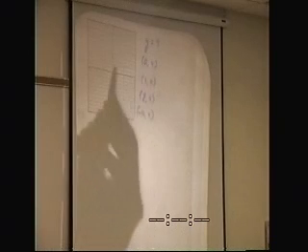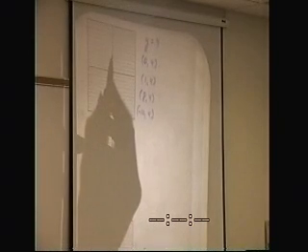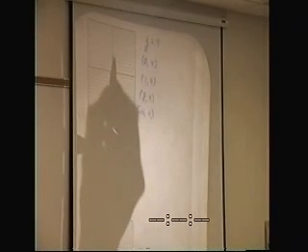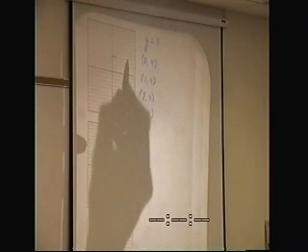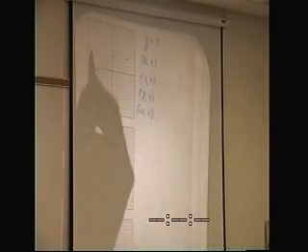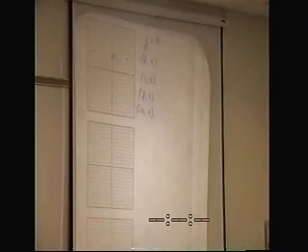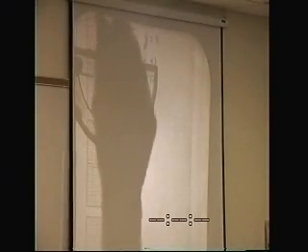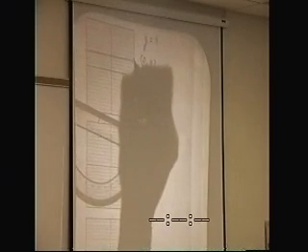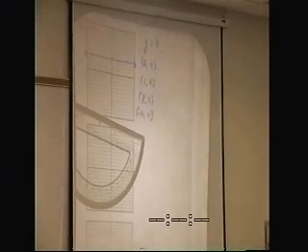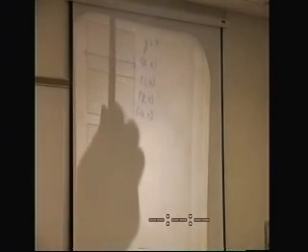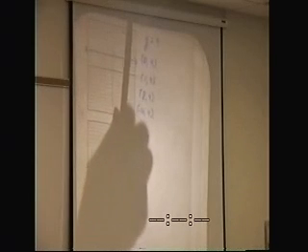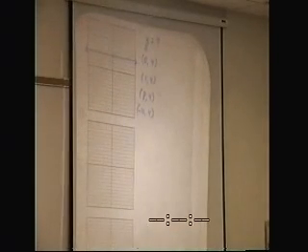Watch where I'm going to go. 0, 4. 1, 4. 8, 4 is way out here. Negative 10, 4 is way over here. But they're all on this horizontal line. This is a function. It passes the vertical line test. There is one y for every one x. In fact, there's one y for every x.